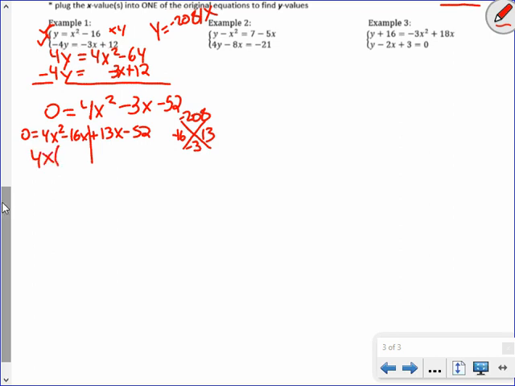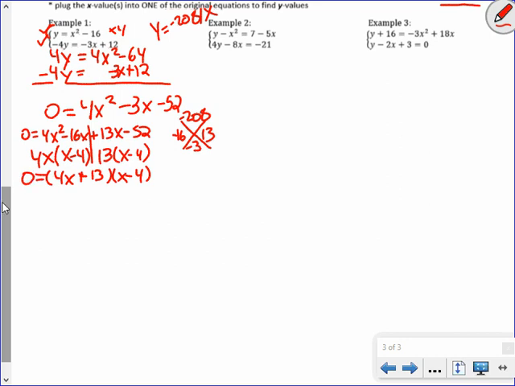And you get 13. 52 is 13 times 4. So when you pull that out, you have a negative 4 left over. So I know I did it correctly because the parentheses are the same. My final factors are 4x plus 13 and x minus 4. Remember, all this is still set equal to 0.